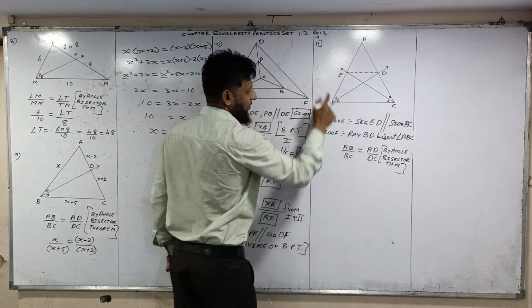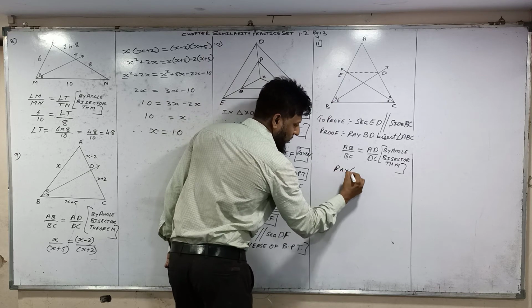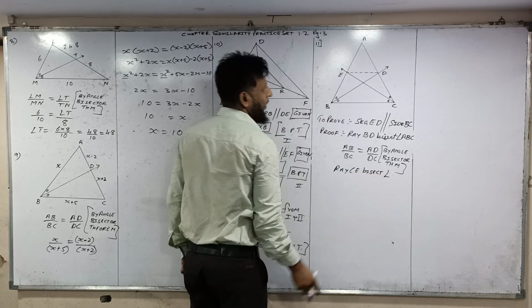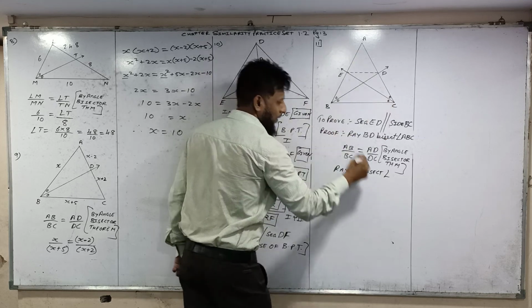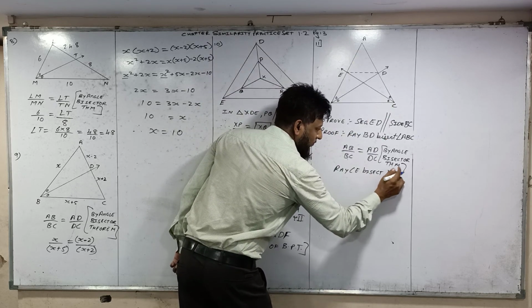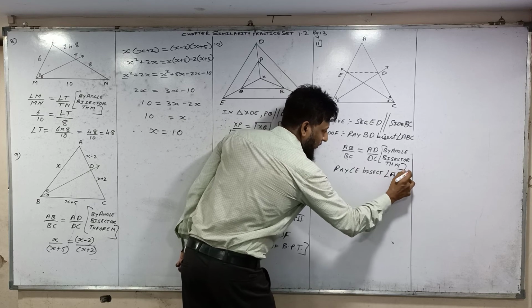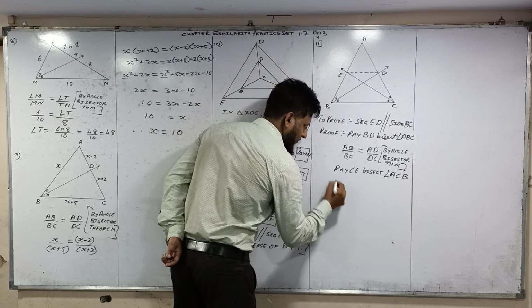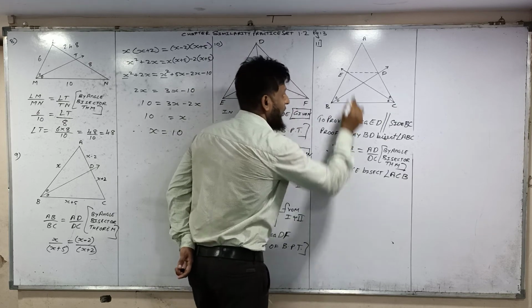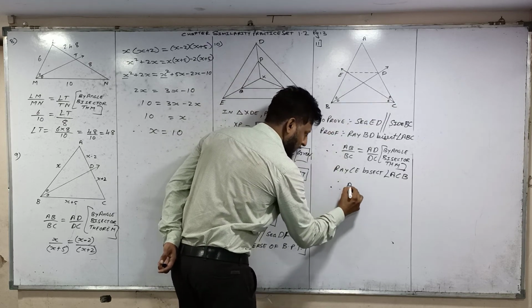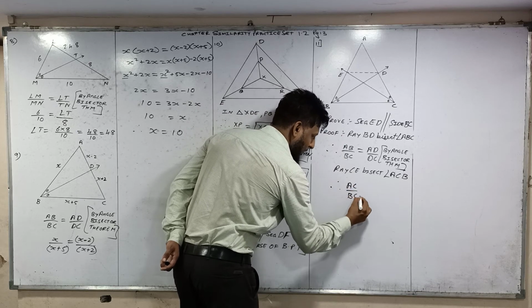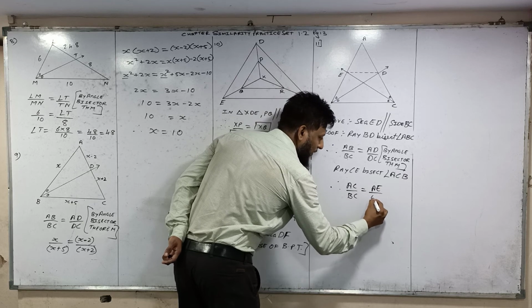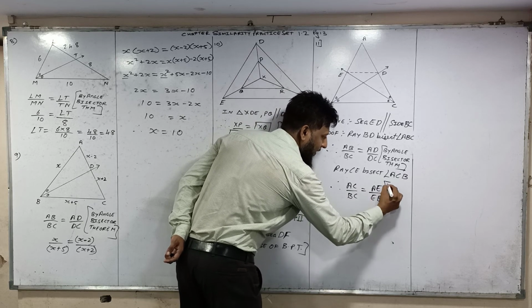Again, ray CE bisects angle ACB. Therefore, AC upon BC is equal to AE upon EB by angle bisector theorem.